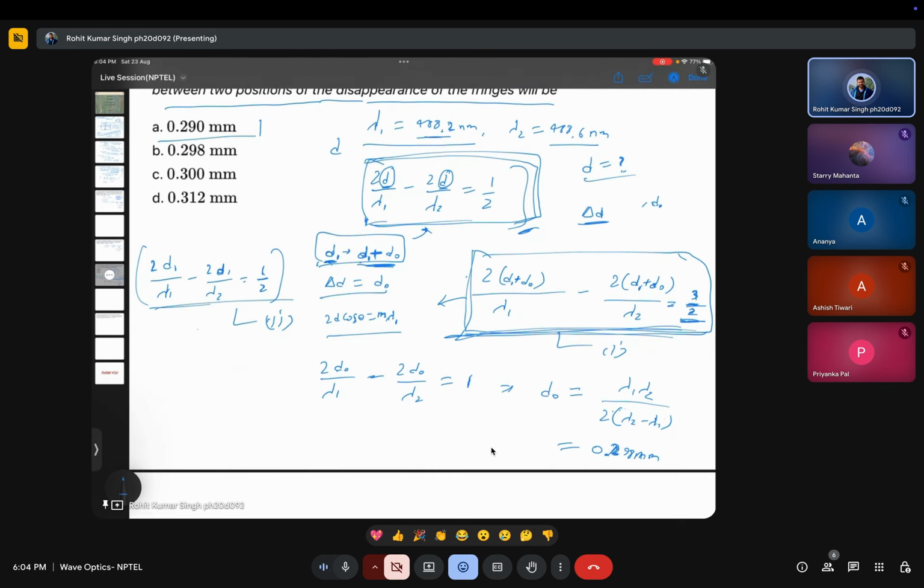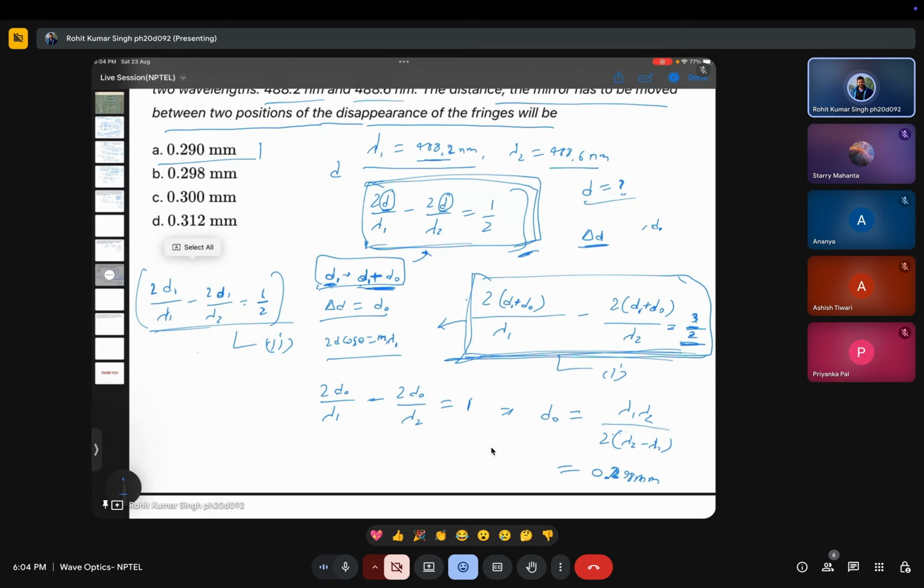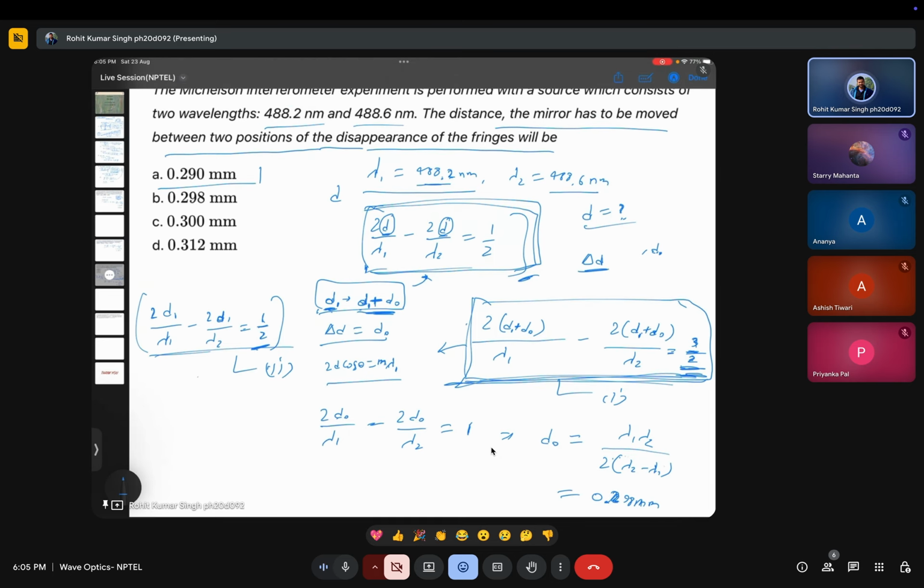Any doubt? Now it's clear, right? The mistake that we were making is that we were putting half at both the places, because the next order will disappear when the distance between them will be 3/2, not half, right? Is this okay now? Yeah, thank you.